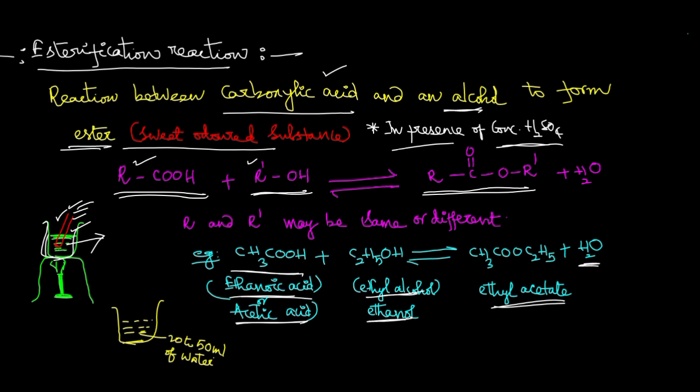Pour the contents of the test tube into a beaker which contains 20 to 50 ml of water. If you observe the smell or odor of the liquid formed here, it will be a sweet-odored substance, and this is called ester.